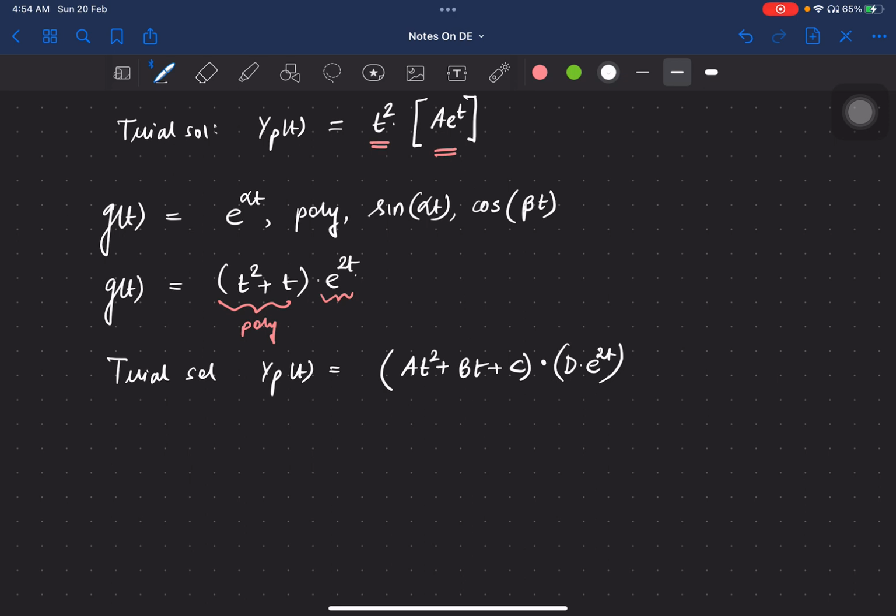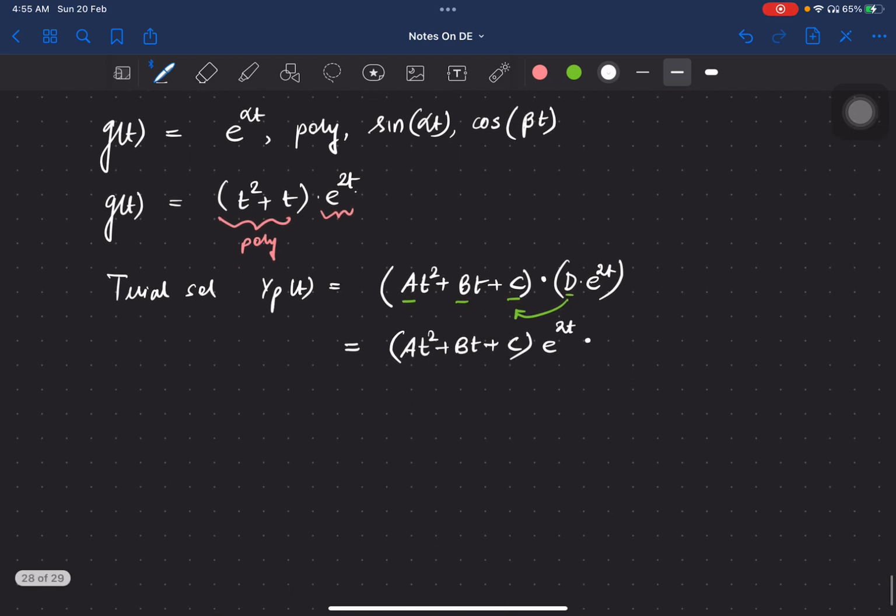But since we are already taking the coefficients a, b, and c into consideration, we can merge this d into this thing. So we can just take a t square plus b t plus c into e power 2t as a trial solution, so it will not be a problem.